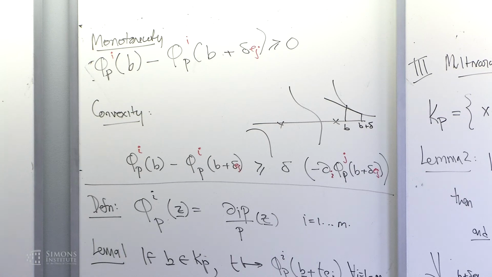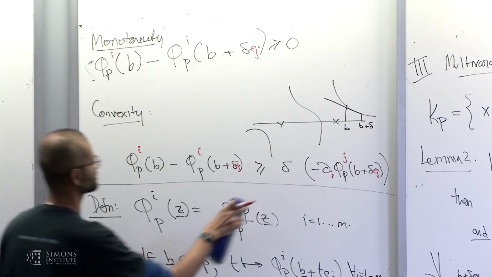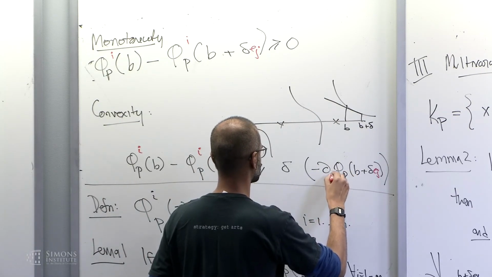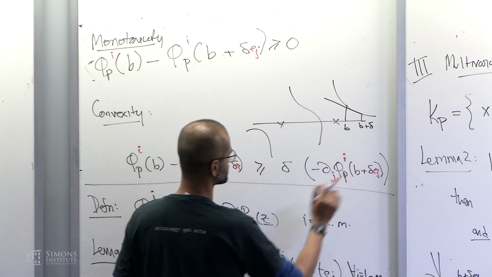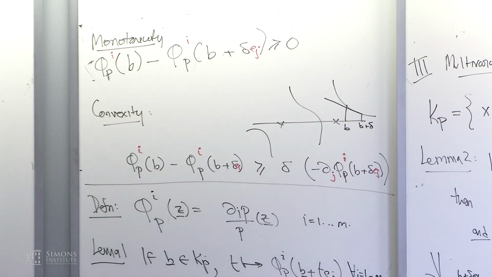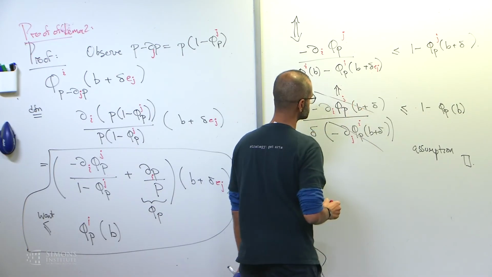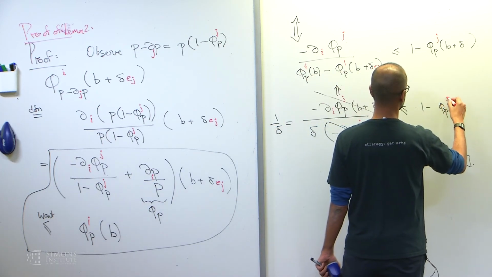Okay, but now something funny happens. Here I get a partial j phi i, because I'm moving in the j direction. In the denominator, I get a partial j phi i. In the numerator, I have a partial i phi j. Otherwise, everything else is the same.